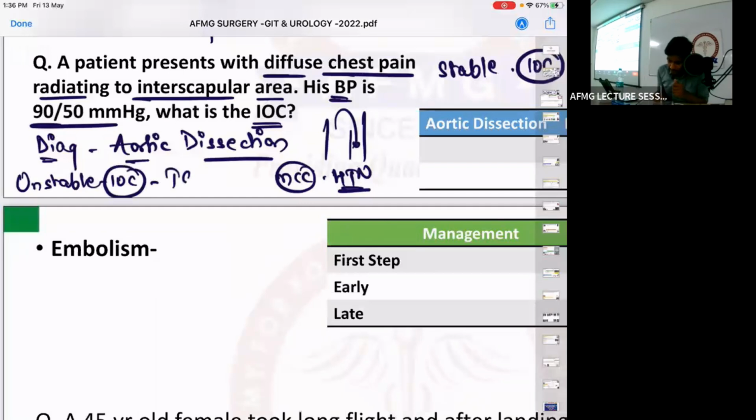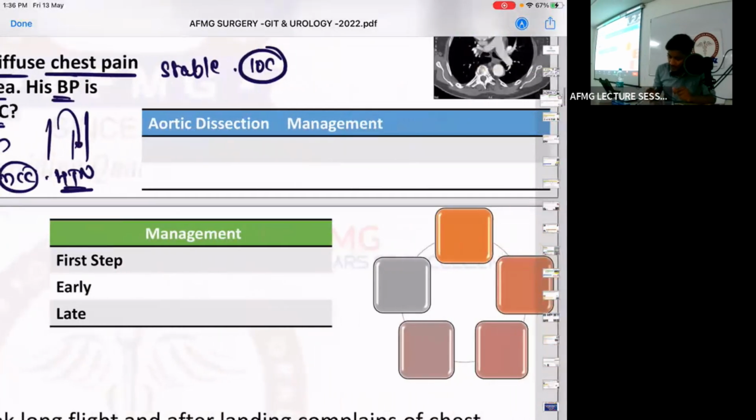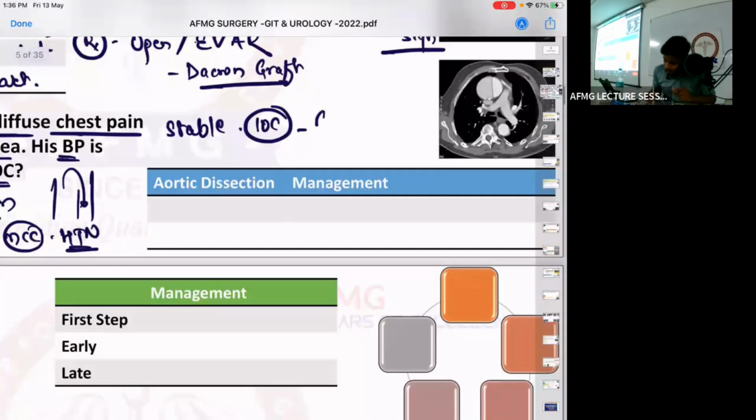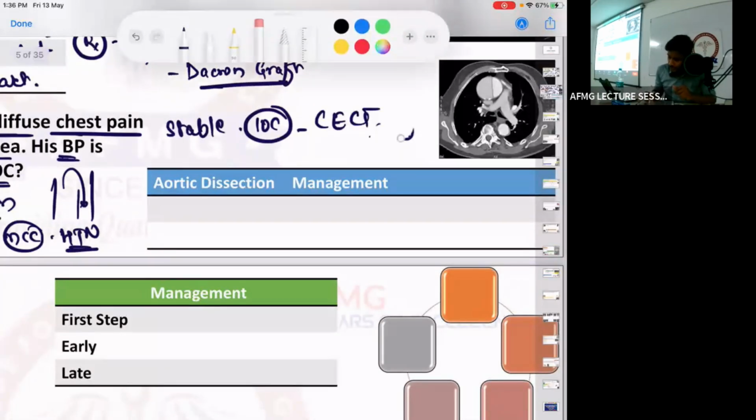For a stable patient, the investigation of choice is CECT of the thorax or abdomen, depending on the level.